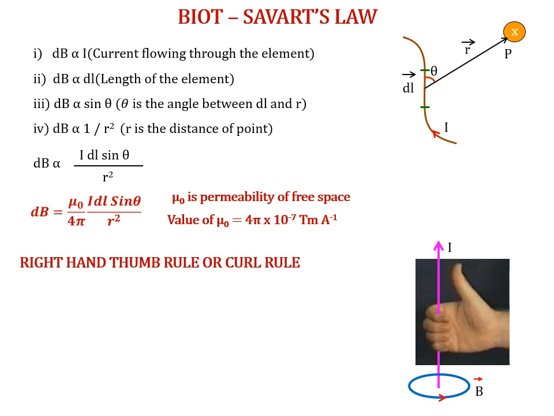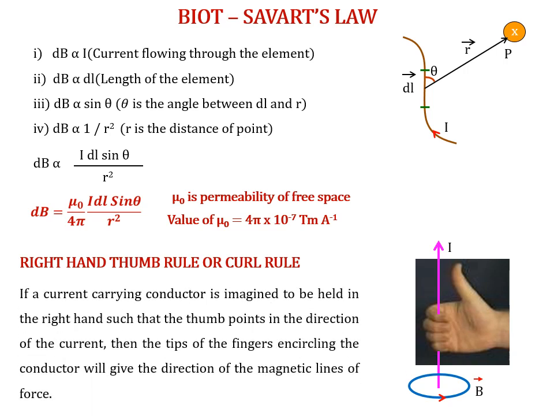So B is the magnetic field, and you can see at the point P, the field will point normally inwards. Current is flowing upwards. So at the point P, using the right hand thumb rule, you will see field points normally inwards. And normally inward field is represented by cross. So what is the rule?